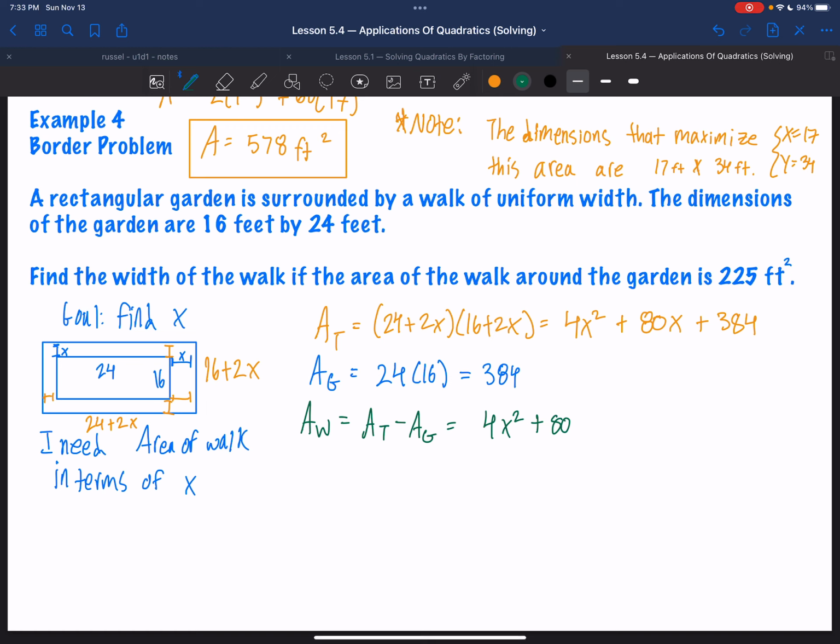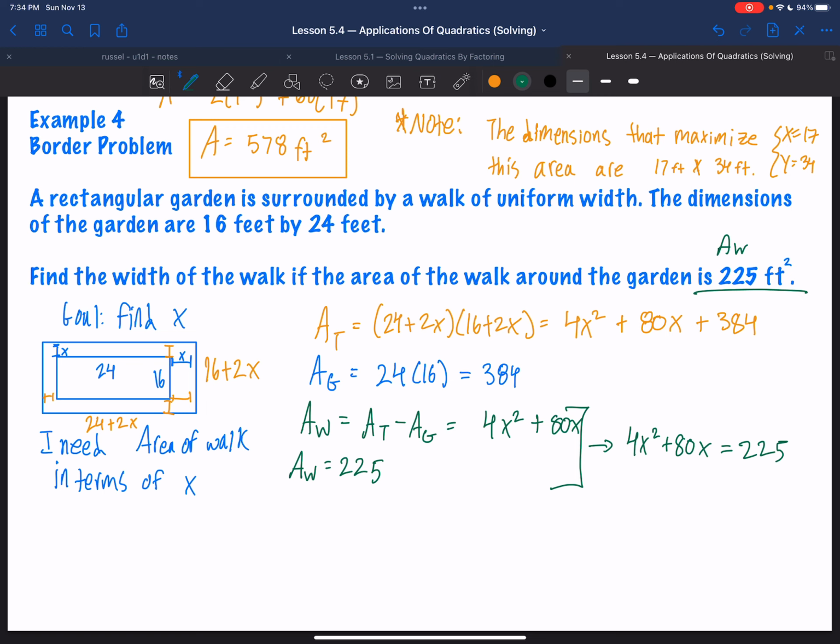Also, the area of the walk around the garden is 225. So this is the area of the walk. So area walk equals 225, which equals that, right? So if I take these two things together, then I get 4x squared plus 80x equals 225.